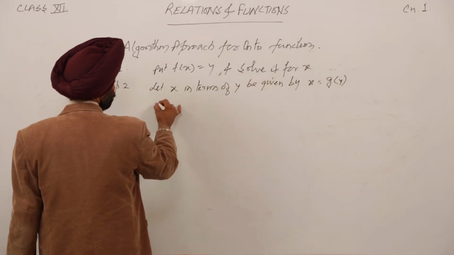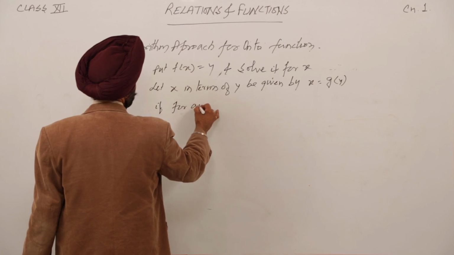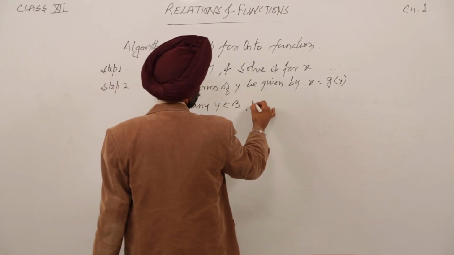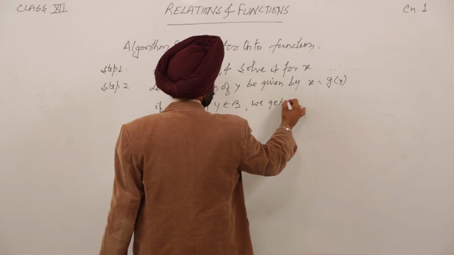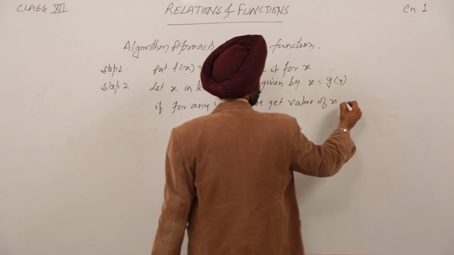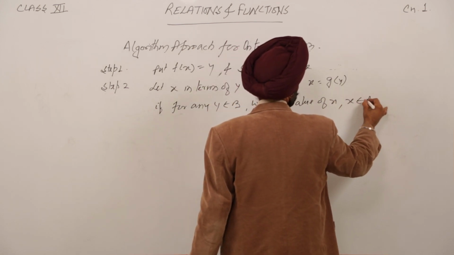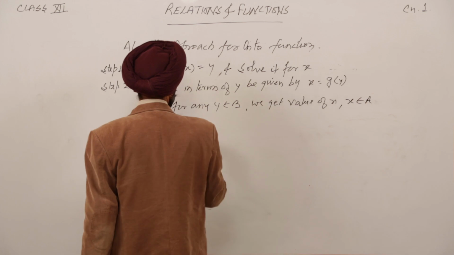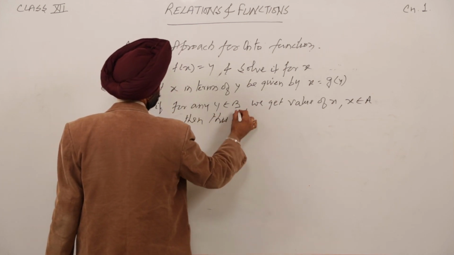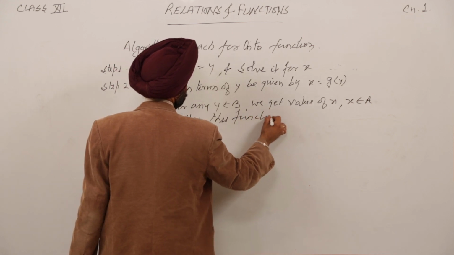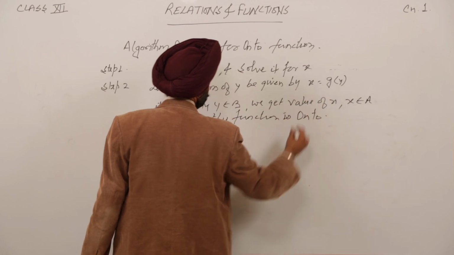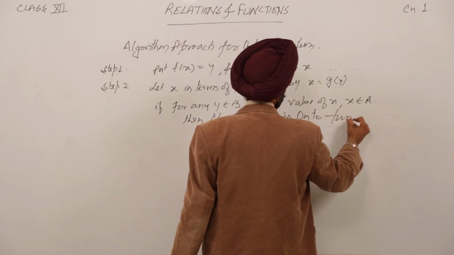If for any y belongs to B, we get a value of x where x belongs to A, then this function is onto function. Onto function.